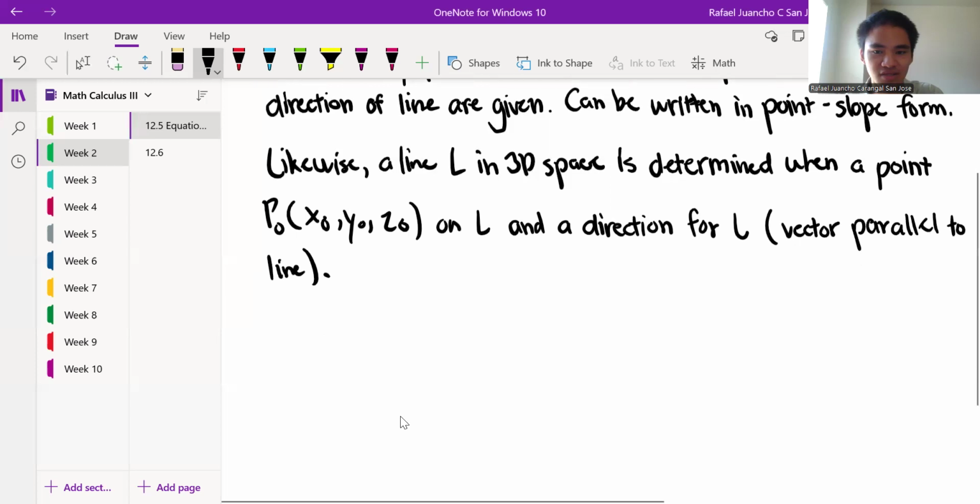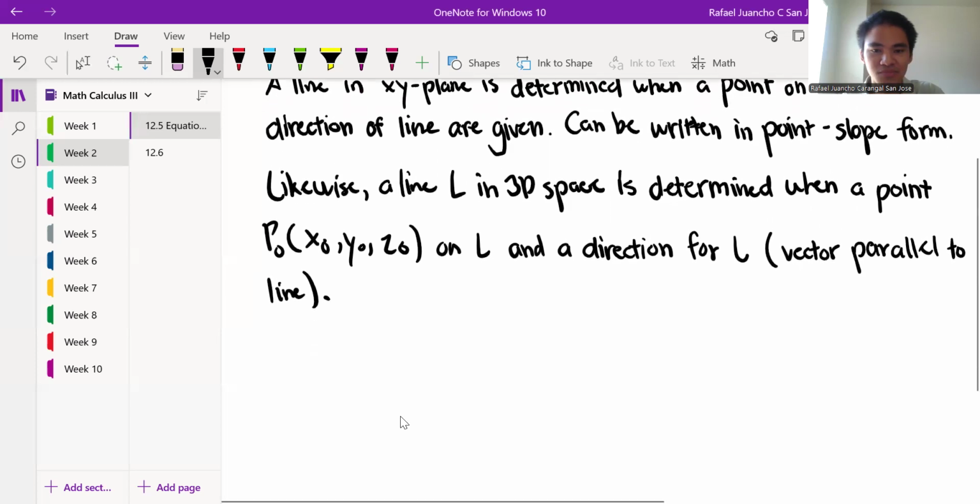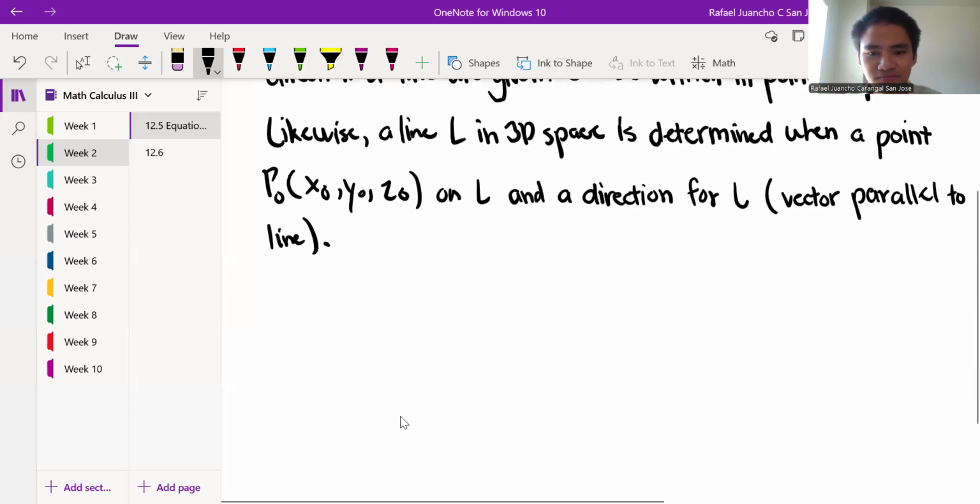Okay, too many wordings. So here we let P(x, y, z) be an arbitrary point on L. Let's just write this out. Here we're sketching a scenario.